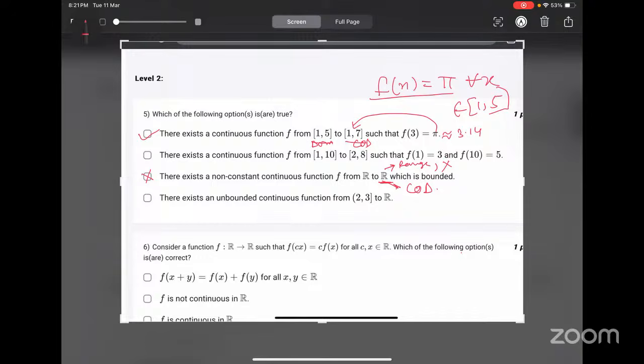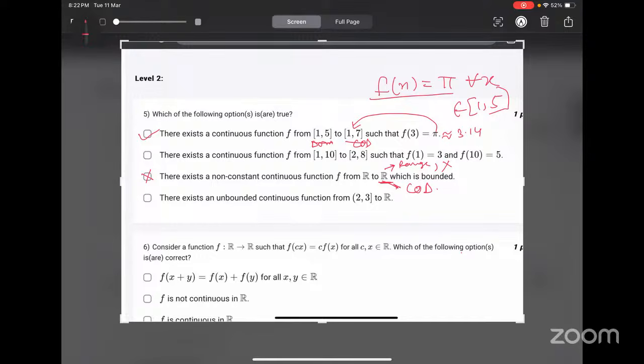Ma'am, if it is given f varies from R to R, we always consider that domain and codomain are given. So how we will... Can you repeat your doubt again?